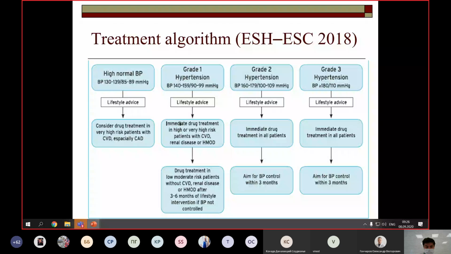This is a general recommendation. But if grade 1 hypertension is defined, please immediately initiate drug treatment in a subject having high and very high cardiovascular risk with established concomitant coronary heart disease, other cardiovascular disease, renal disease, or their equivalent.